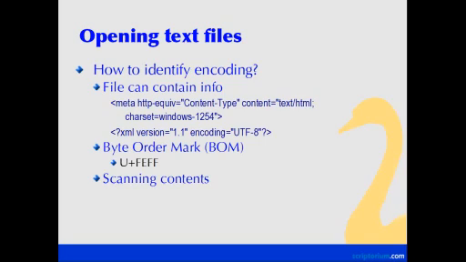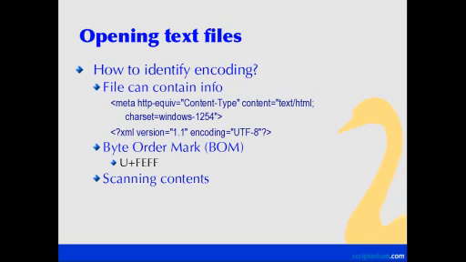Now, UTF-8 of course is a flavor of Unicode. Unicode uses another way of identifying files, and that is a byte order mark. In a Unicode file, this occurs in the first byte or the first 2 bytes of the file. And it's used for 2 reasons. The first reason is just to identify something automatically as a Unicode file.